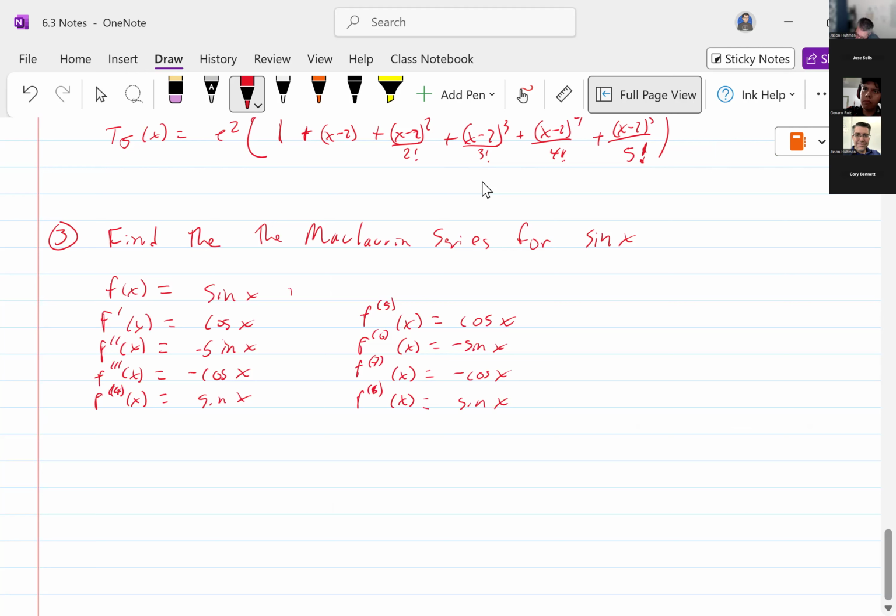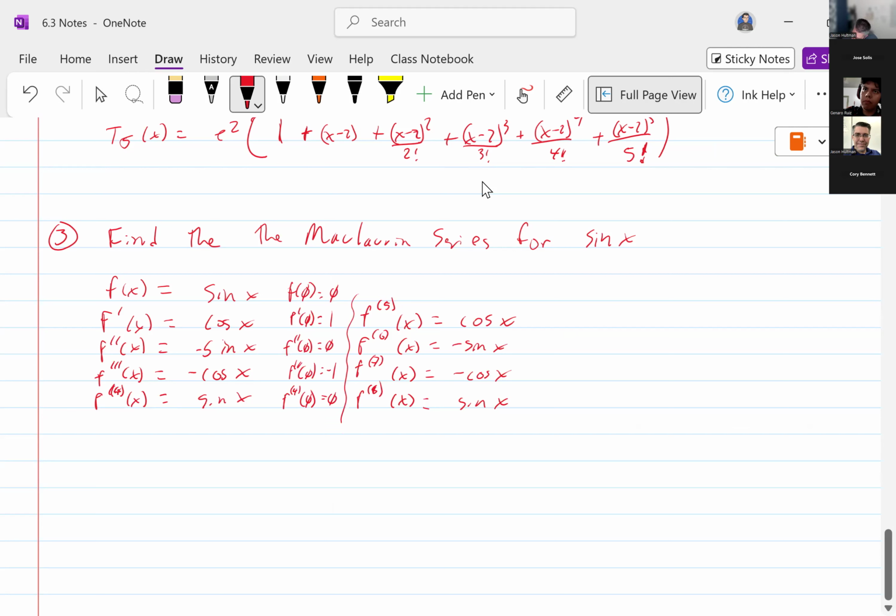Okay, f of 0 is equal to 0. f prime of 0 is equal to 1. f double prime of 0 is equal to 0. f triple prime of 0 is equal to negative 1. The fourth derivative of f evaluated at 0 is equal to 0.